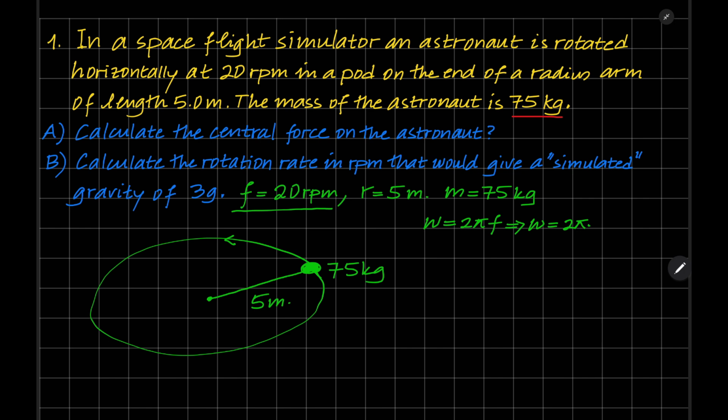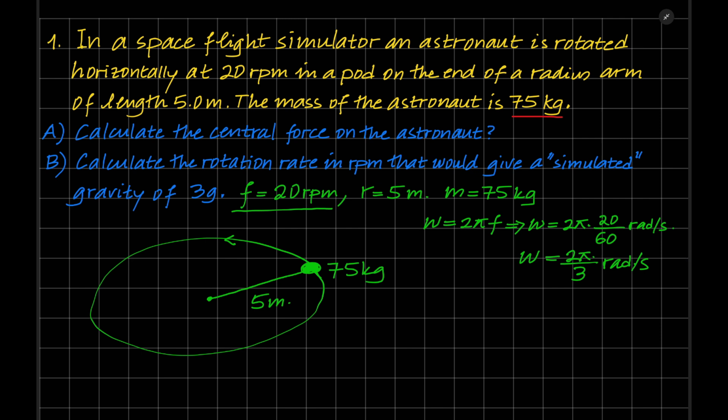So it is 20 divided by 60 seconds. This will be equal to 2 pi over 3 radians per second. This is the angular velocity of the astronaut.